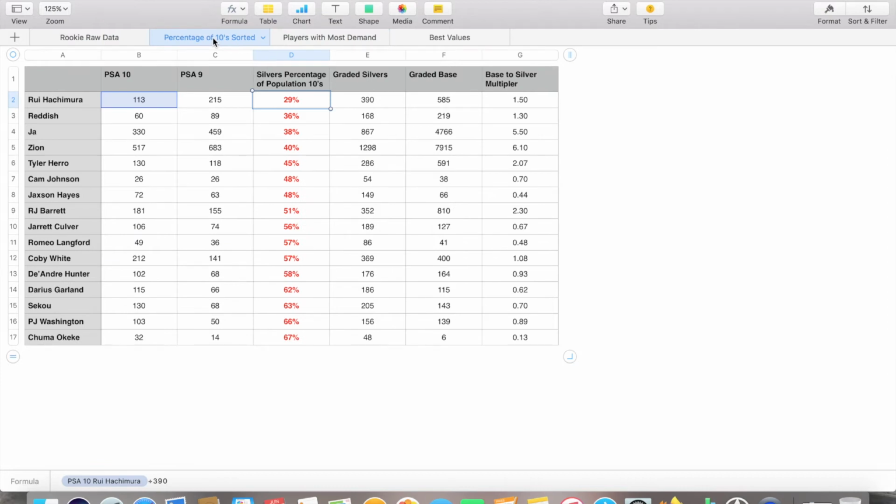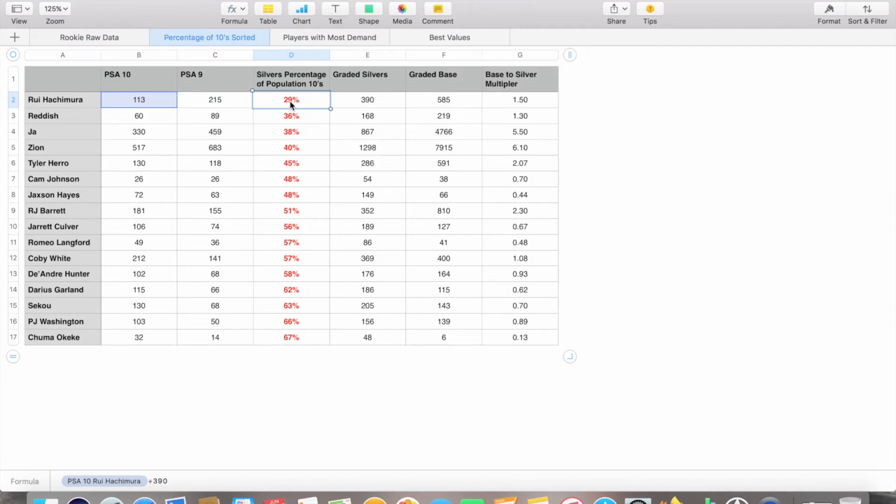So I want to go back to this column and talk about what I'm seeing with this data. The main thing is that if a player has a very, very low percentage of PSA 10 silvers relative to the overall population, and they turn into an elite prospect, those cards are going to command a premium.